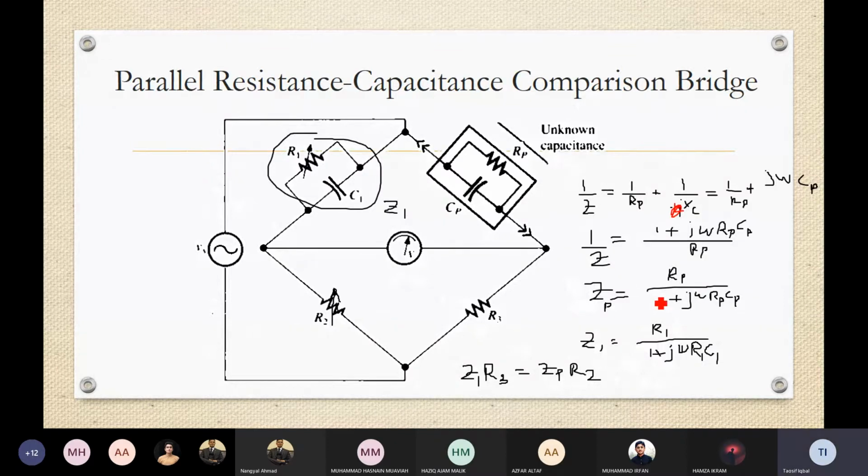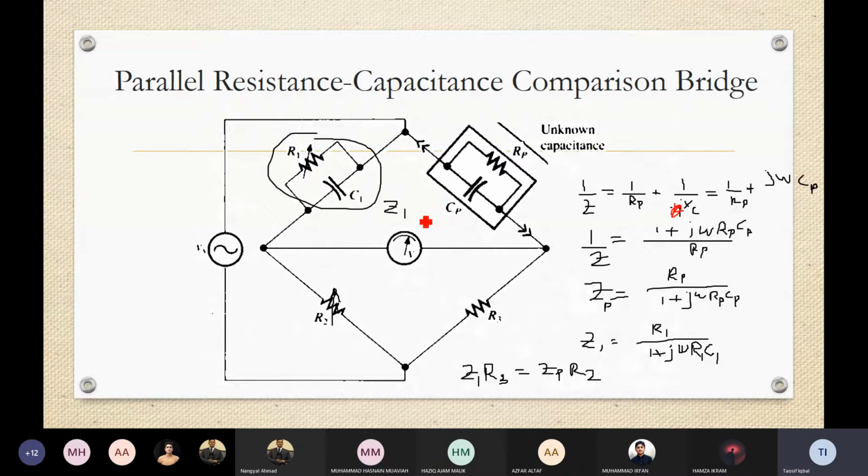Similarly, we can follow the same pattern for Z1. Therefore, the parallel resistance R1 is going to be divided by 1 plus j omega R1 C1.